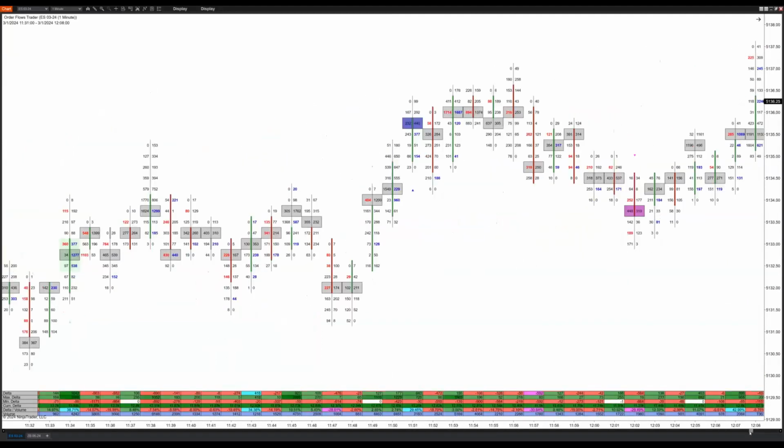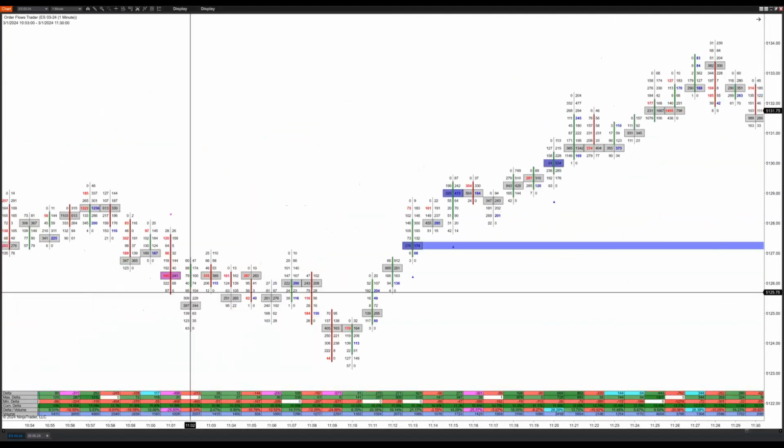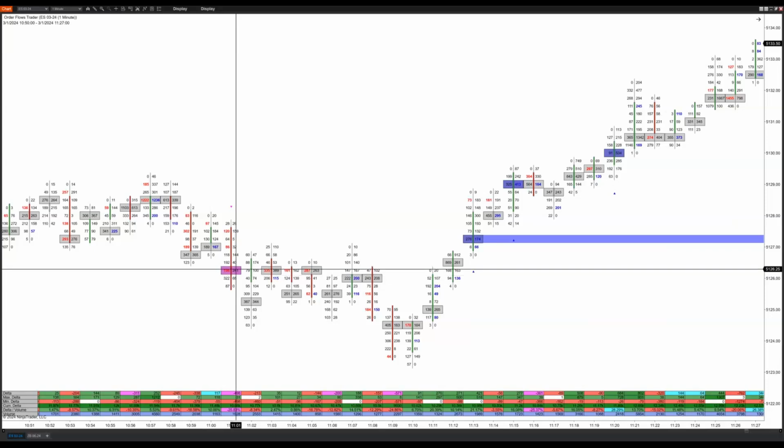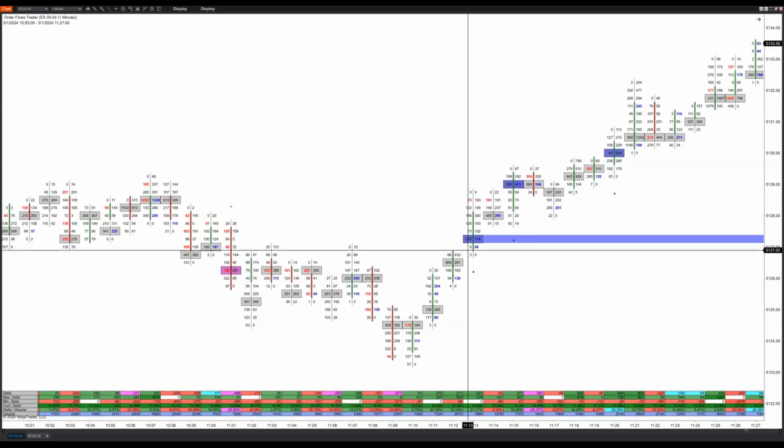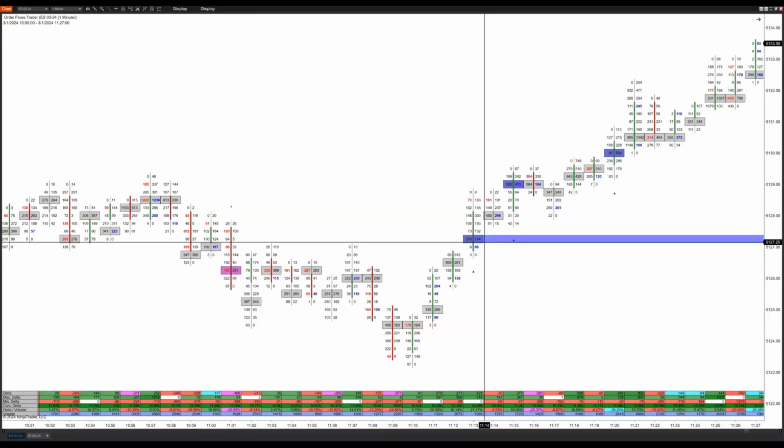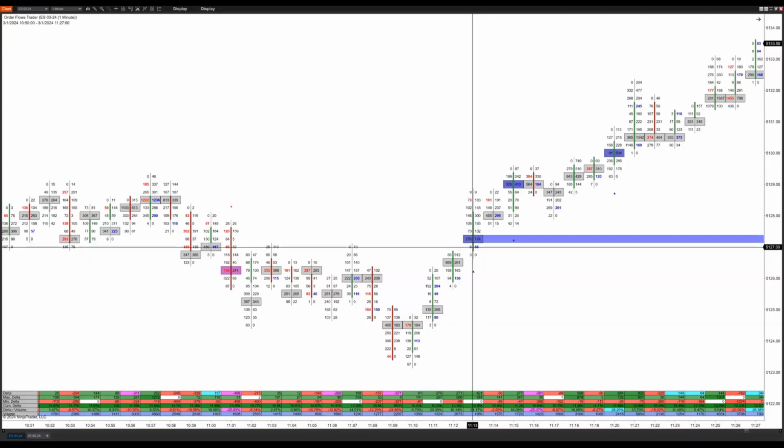Okay, so you're going to see the point of controls are either going to be this kind of purplish color or this dark blue. We colored them that way because we don't want you to confuse them with prominent point of controls or anything else. And really what's happening is, again, point of control is what? It's the price level in the bar with the most volume.